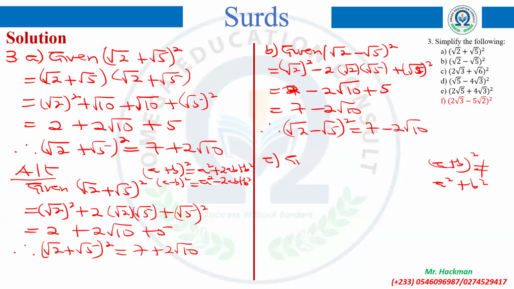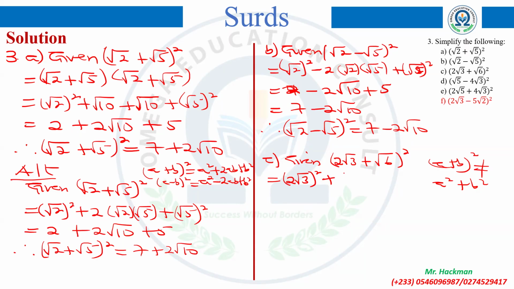We are giving 2 root of 3 plus root of 6, the whole of that squared. Obviously a binomial squared. So remember, a plus b all squared will give you a squared, where our a is 2 root of 3 squared, so you put that in brackets.